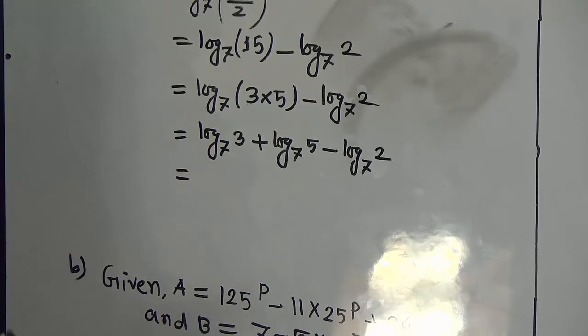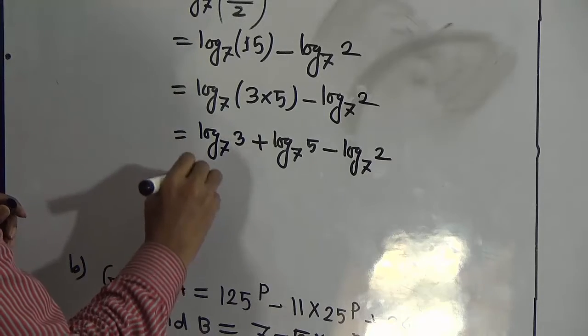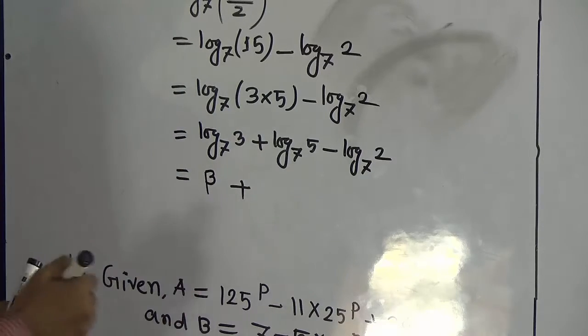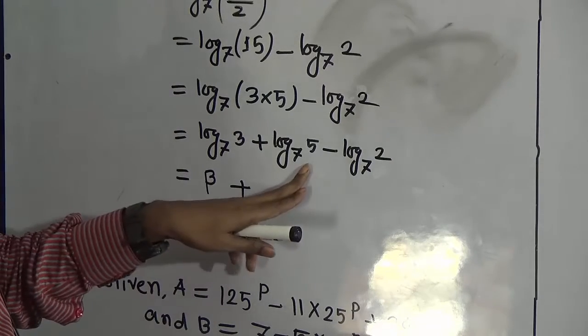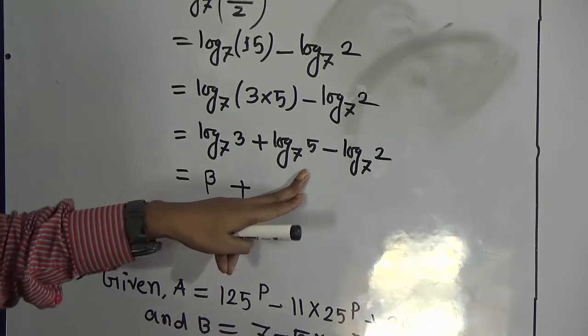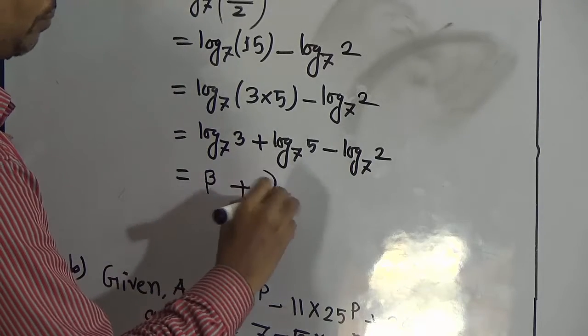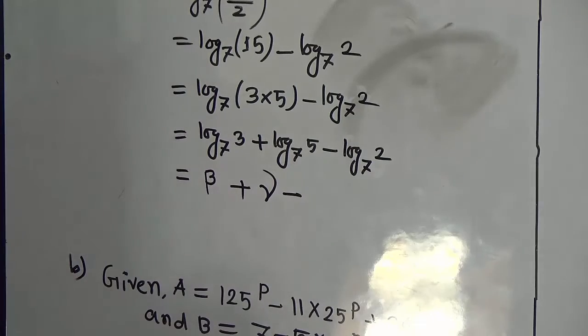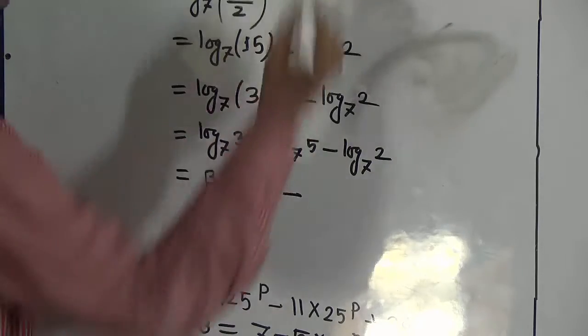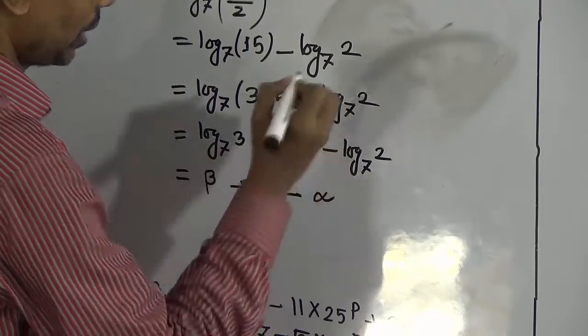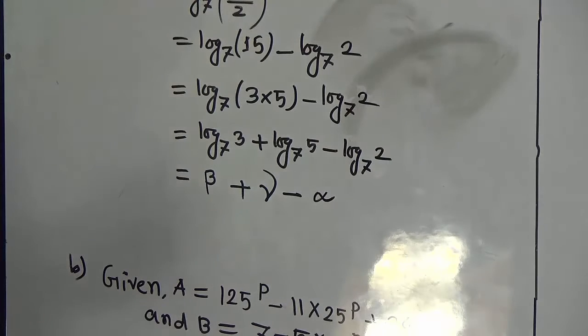This is equal to beta, right here beta, plus log 7 5, this is equal to gamma, this is gamma, minus log 7 2, this is equal to what? Alpha, right here alpha.